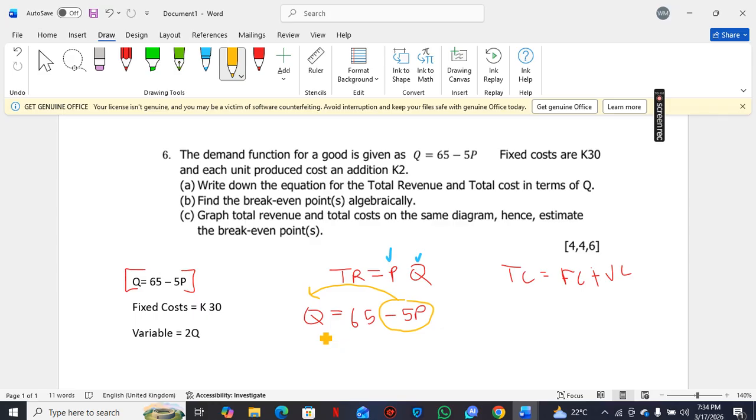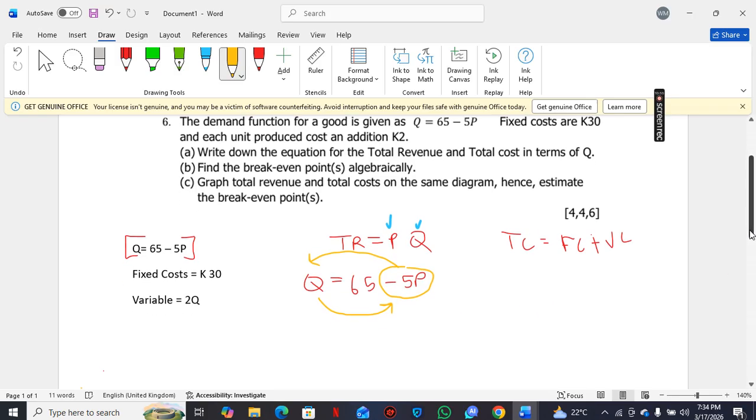And this Q, we take it over the equal sign so that it becomes negative. So when we do that, we're going to have 5P equals 65 minus Q. Any questions before I proceed?